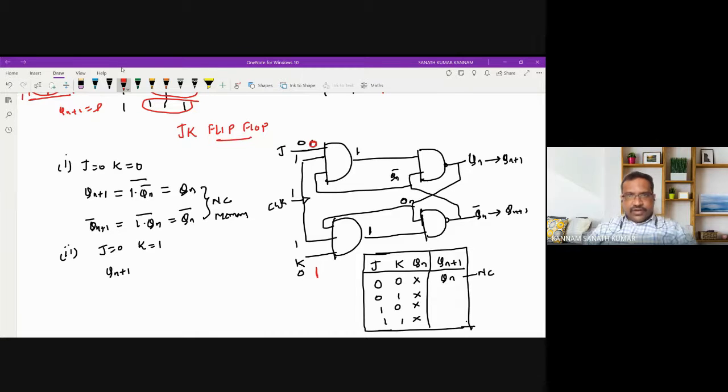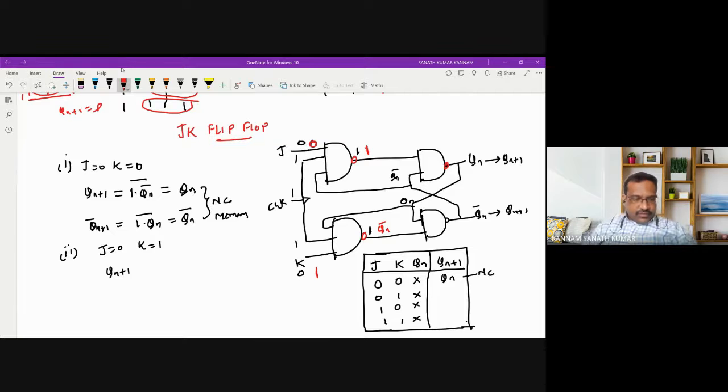Here you are getting 1, here you are getting 1. And here what are you getting? Qn bar. Why? Because one more input is nothing but Qn into 1 into 1, so Qn is coming through the inverter. So NAND gate, that means Qn bar.